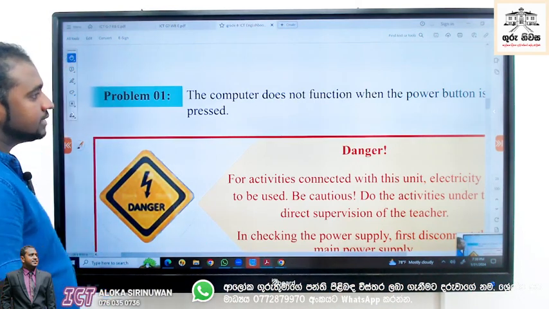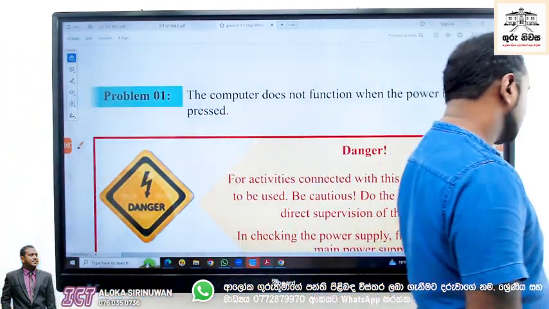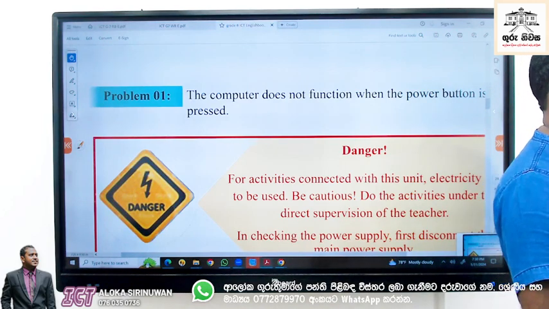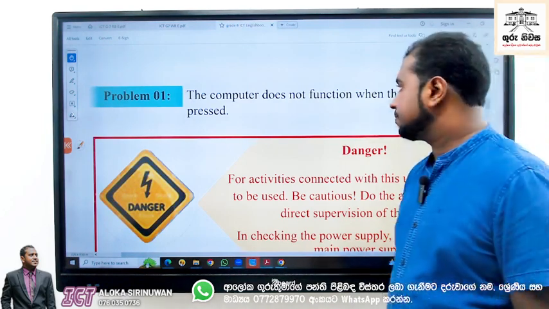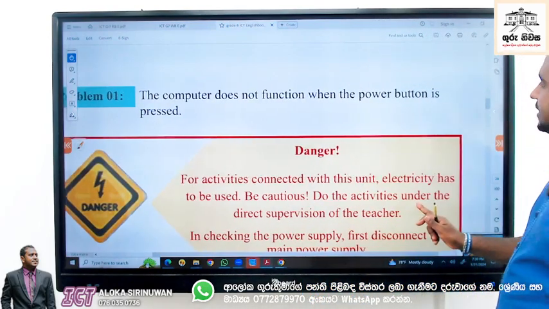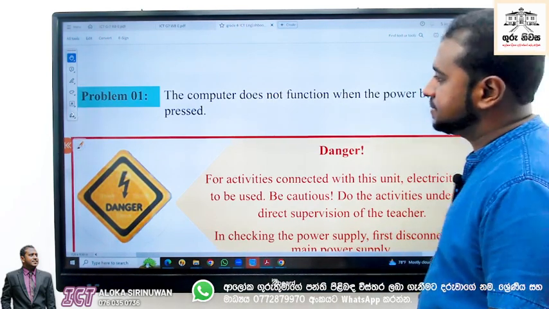Problem number 1. The computer does not function when the power button is pressed.